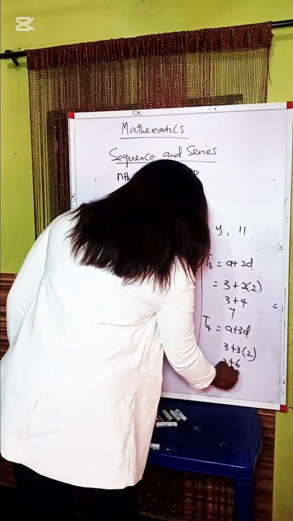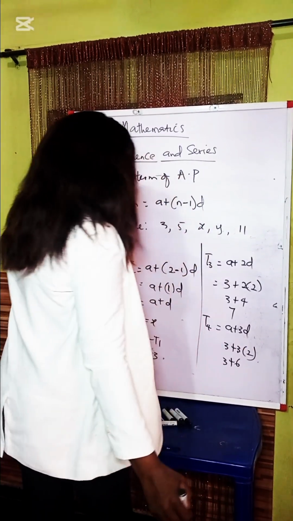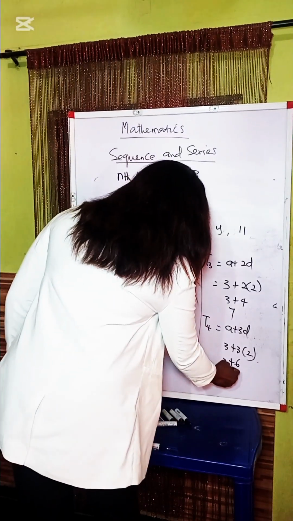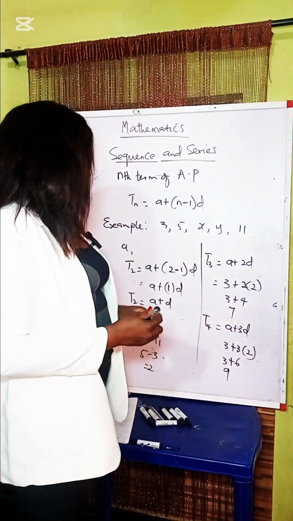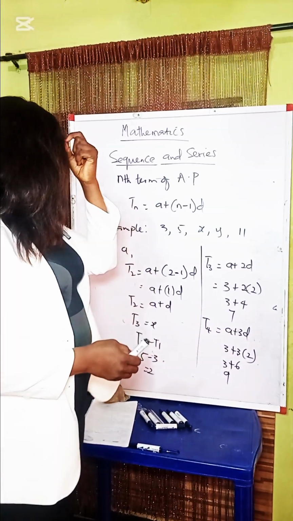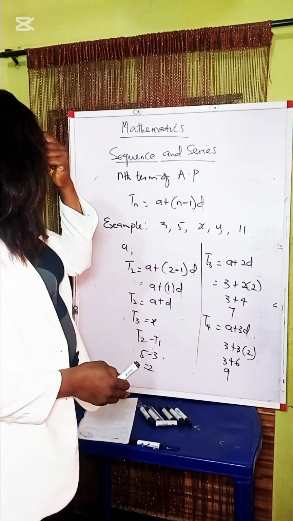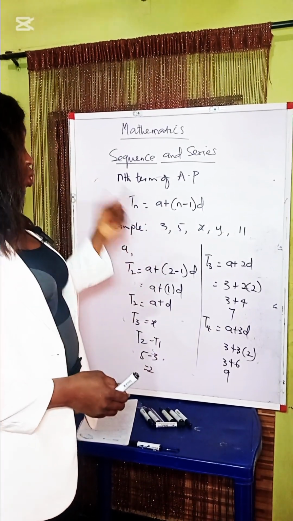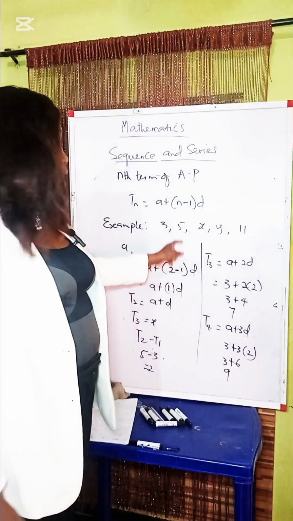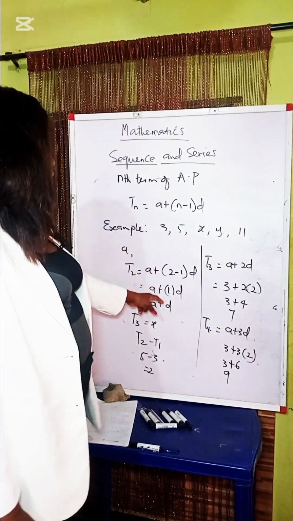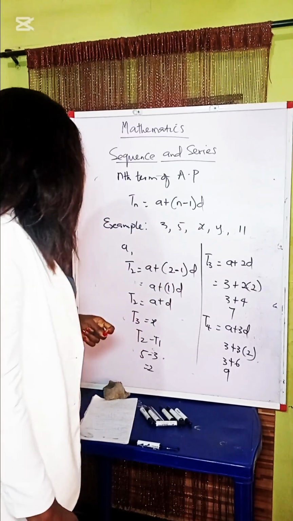So 3 plus 6, because 3 times 2 is 6. 3 plus 6 will give us 9. So in this particular question, though it is not constructed, I just used it to introduce and explain how to find the terms in arithmetic progression.